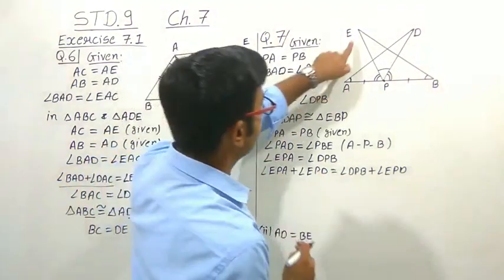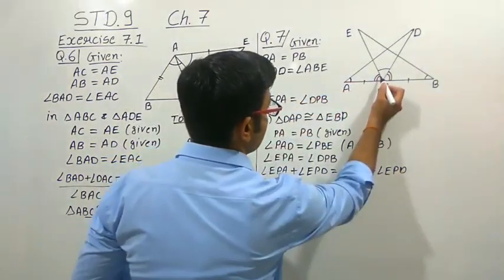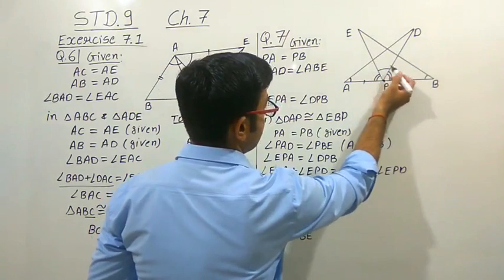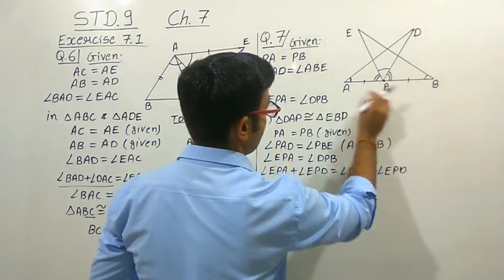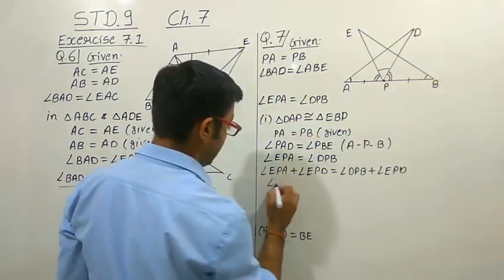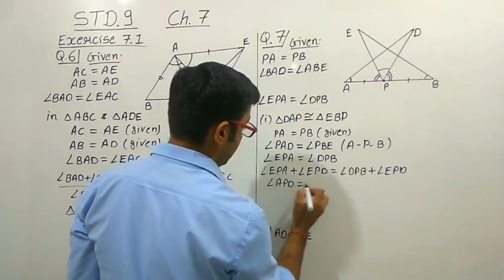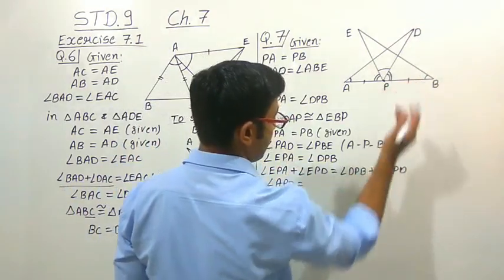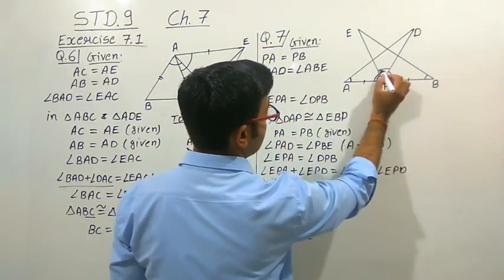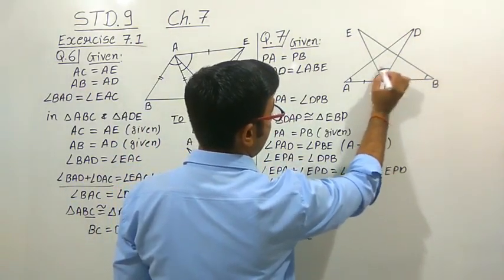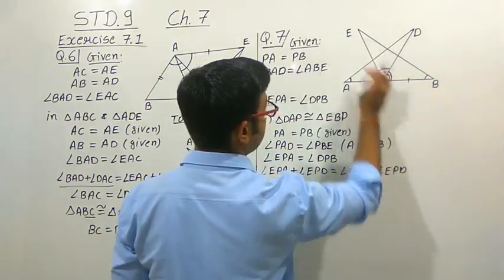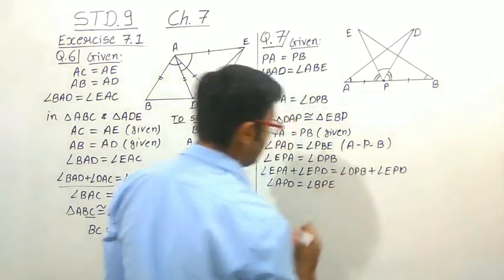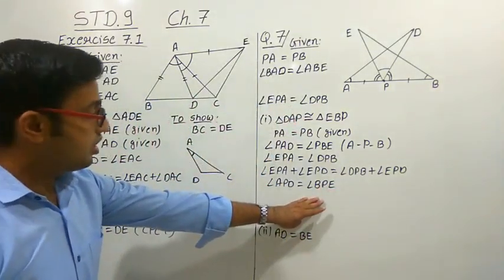EPA means this much of the angle, and EPD means this much of the angle. When we add these two, we get the total angle, and total angle we can write down as angle APD. Here also DPB means this much of the angle. If we add EPD, this much, we get the total angle, and total angle will become angle BPE.